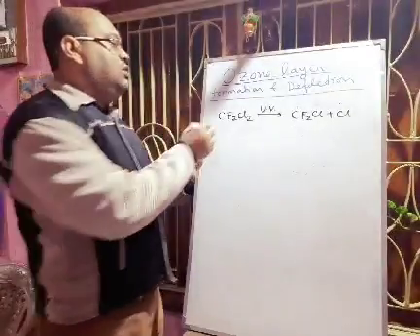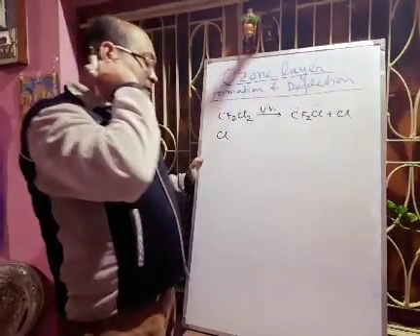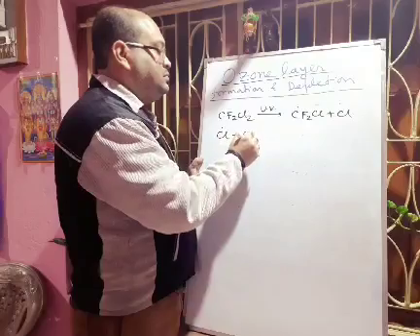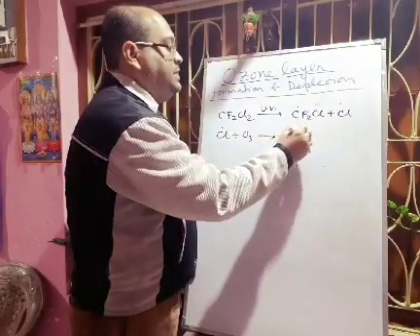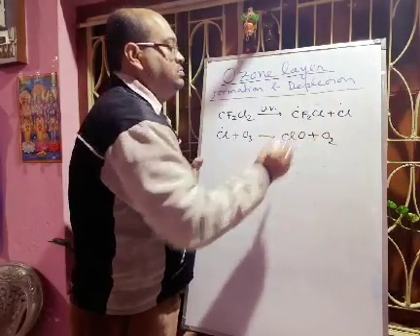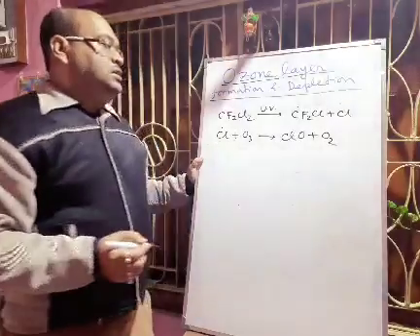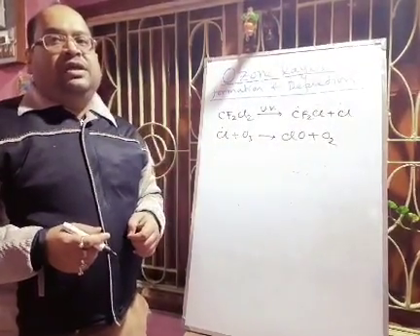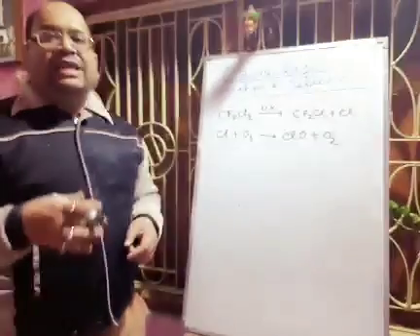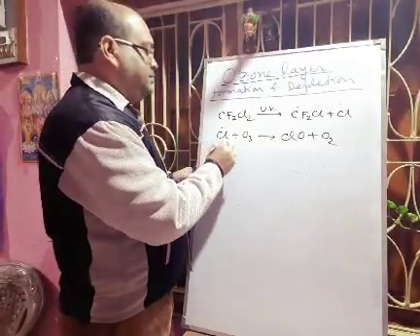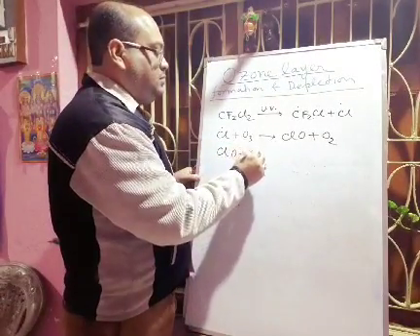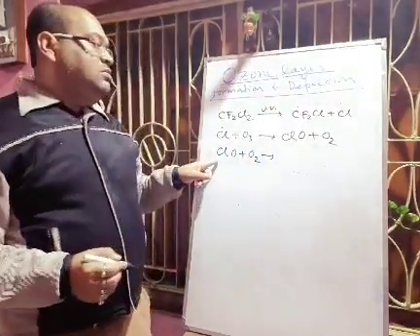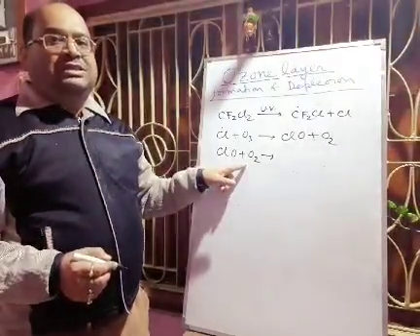And this Cl•, that means chlorine free radical, will react with the ozone layer, and there will be formation of ClO plus O2. So in this way there will be depletion of the ozone layer, and this ClO reacts again.